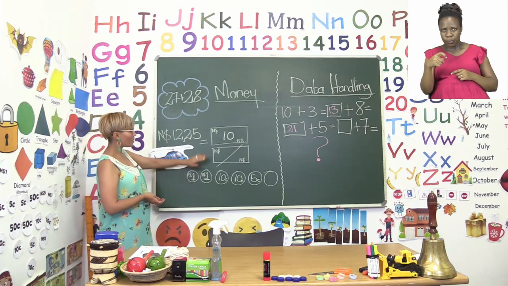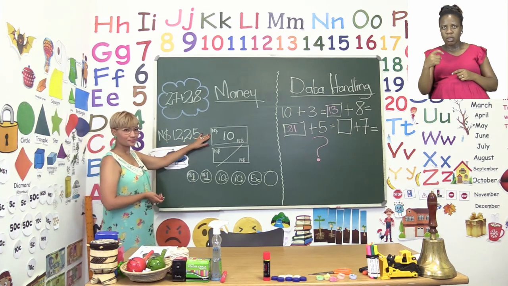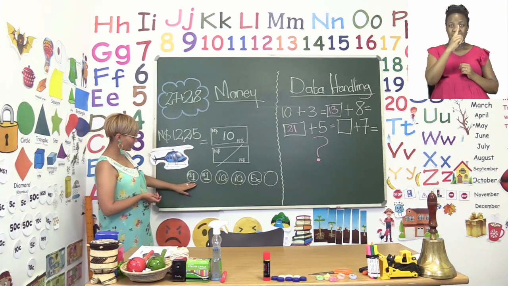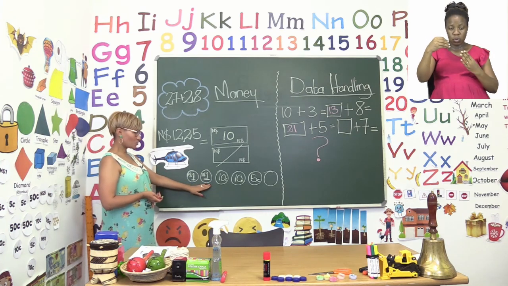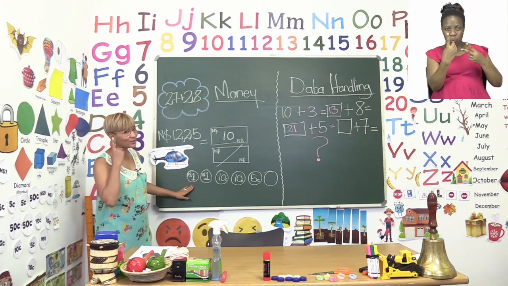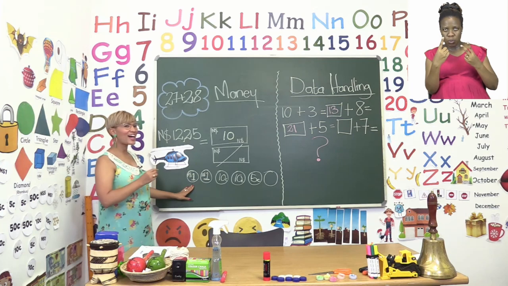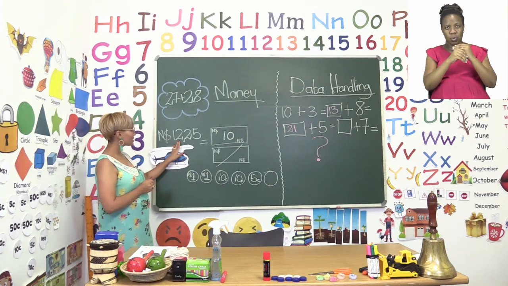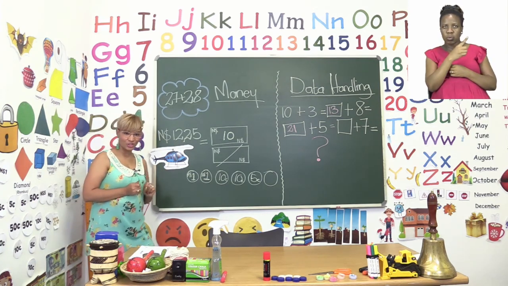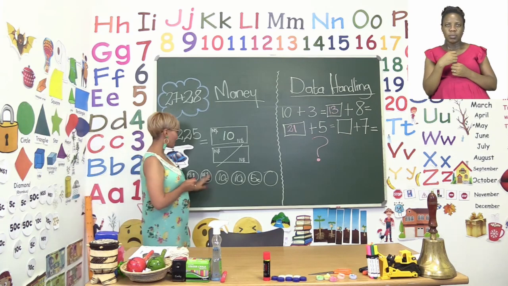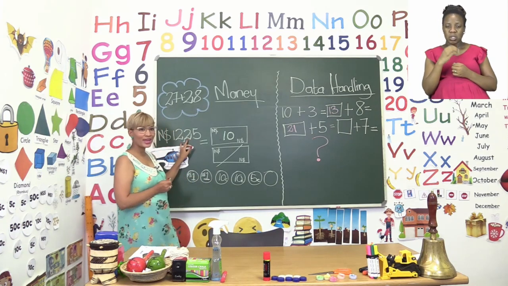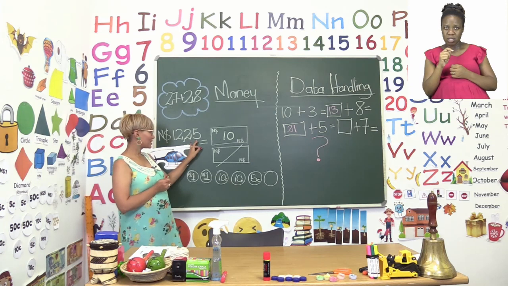All right, so now you see here we have the $10, and here we have $2. So 10 plus 2 is equal to 12. That's right, everyone. So we now have our $12. And then we have to add up our cents to see if we have 25 cents.